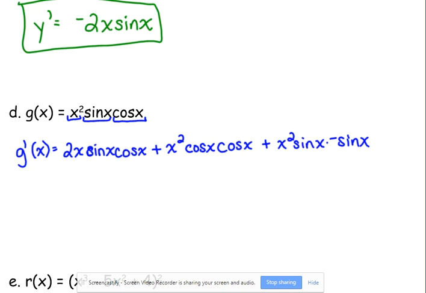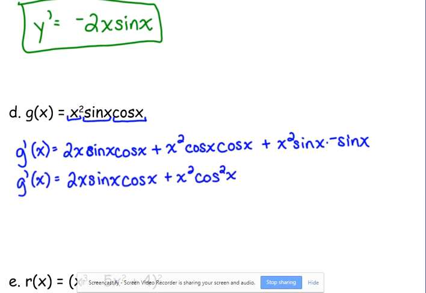Okay, let's see what we can simplify here. g prime of x is equal to 2x sine of x cosine of x. Can't do anything there. All right, cosine of x times cosine of x is cosine squared of x. And then we've got a negative on the last term, so minus x squared sine times sine, which is sine squared.